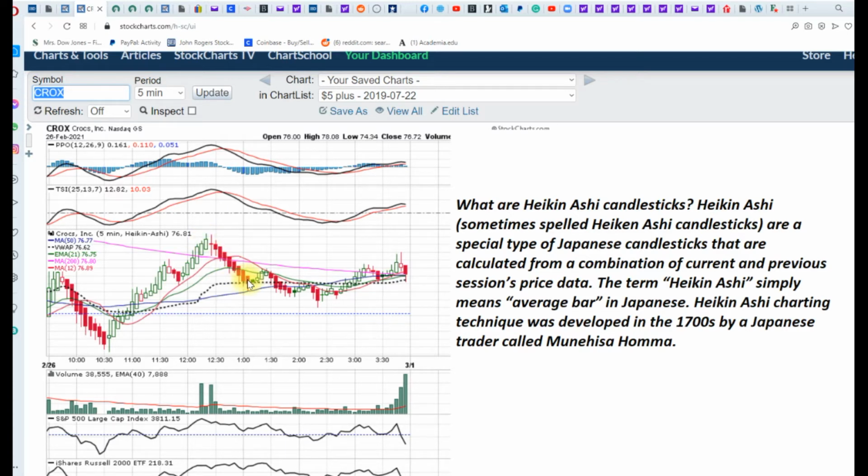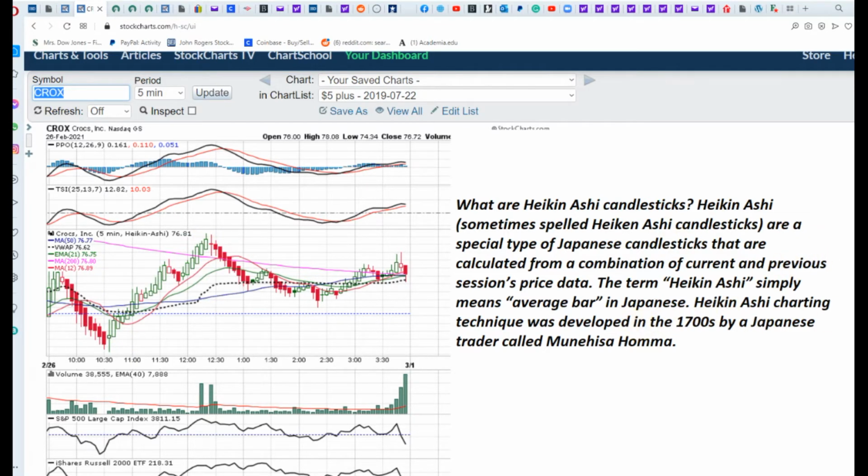Day traders, by the end of the day, this is the type of chart they use. Every 5 minutes is a 5-minute chart, and that's the type I use. It takes more noise out of it than the regular one.